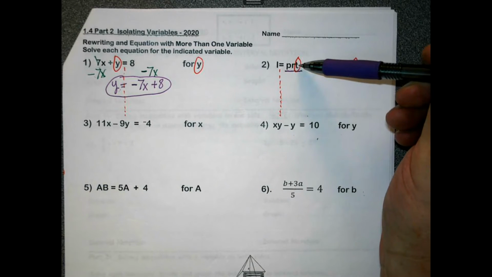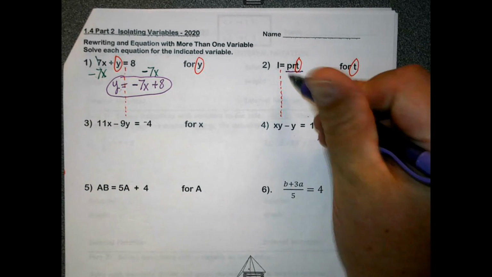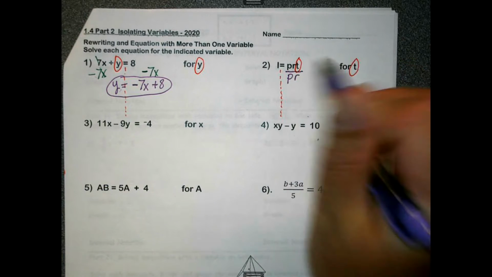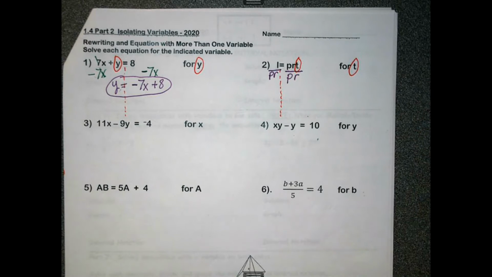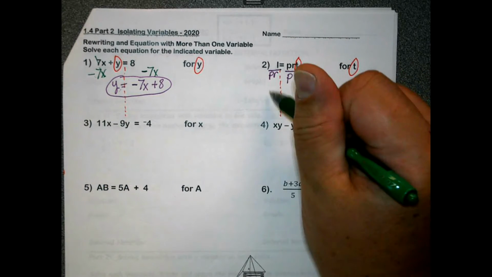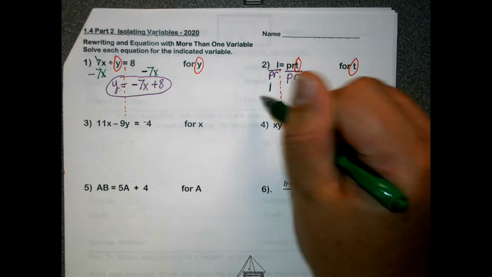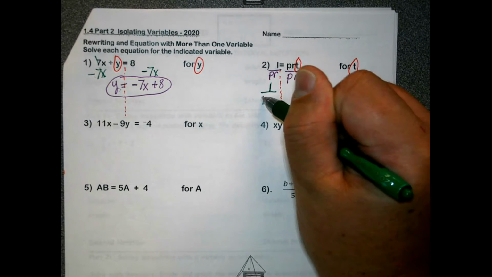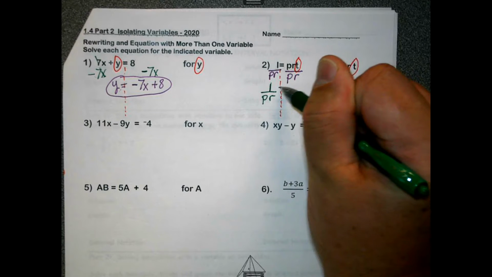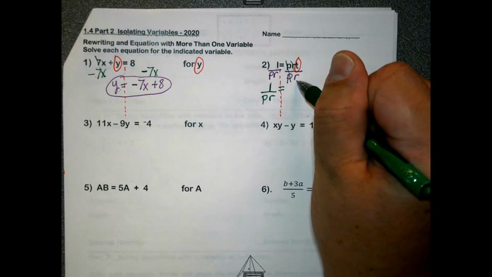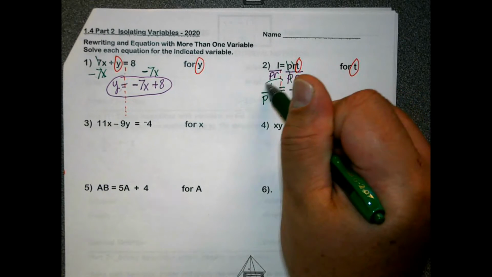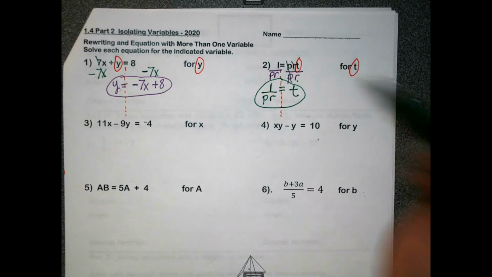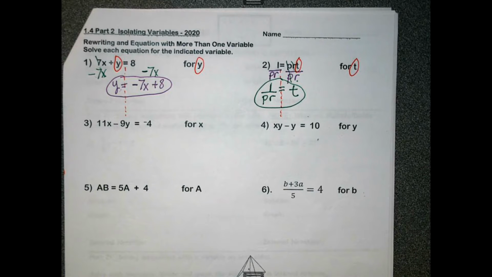Well, I want the t, but I don't want the p and the r. So I'm going to divide both sides by the p and the r. Okay, so I have this, I think it's I over PR, and these cancel out, so I get my t. T is by itself, so I'm done. Right?